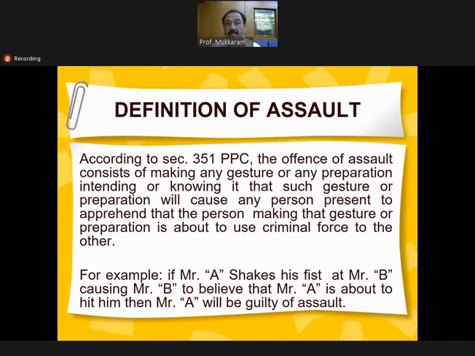Like, maybe when I hit, he will have this kind of problem. Maybe I will use this kind of product, he will develop these kinds of signs and symptoms. So you are making an assault, and you are committing an offense against that particular person.